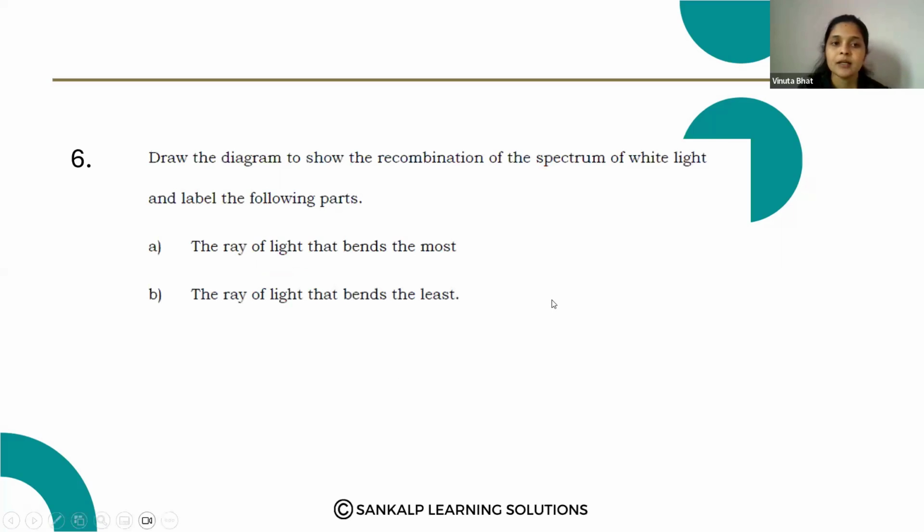Next question. Draw the diagram to show the recombination of spectrum of white light and label the following parts: the ray of light that bends the most and the ray of light that bends the least. Please note down this question. You know that the spectrum of white light contains 7 different colors.